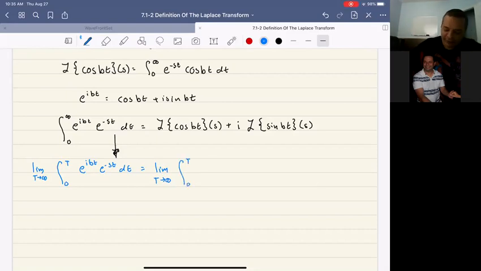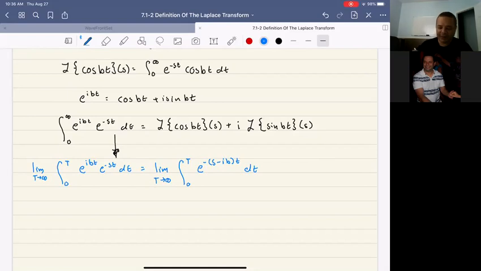Now I'm going to put those together, so I'm going to put negative s minus ib t dt. Now I'm just going to use the formal thing, just like we did the other integral before.